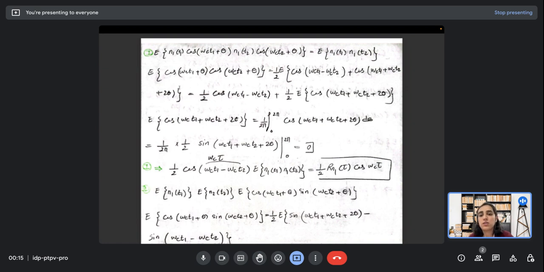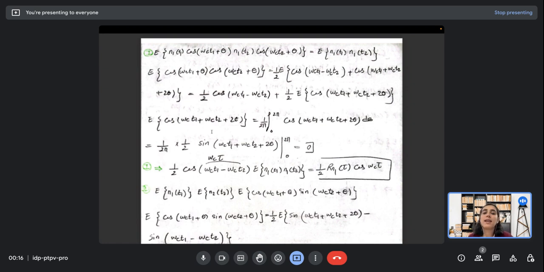So we will substitute these values, and for one of them, thetas are removed. So we have a constant which comes out of the expectation, and then we should calculate the expected value of cosine of WC t1 plus WC t2 plus 2 theta.